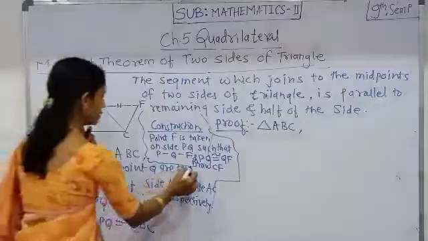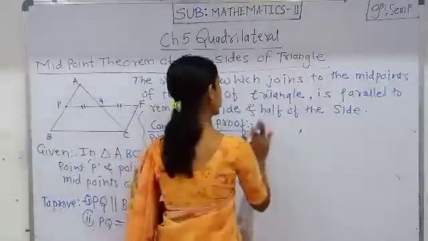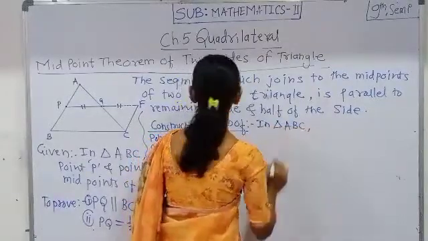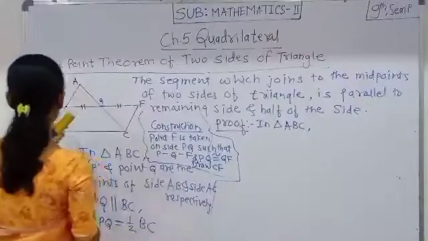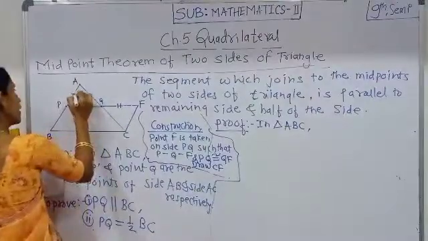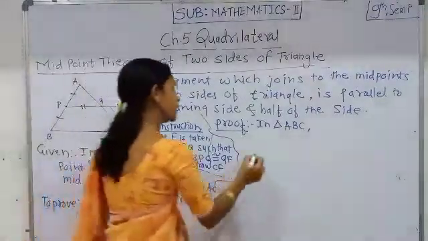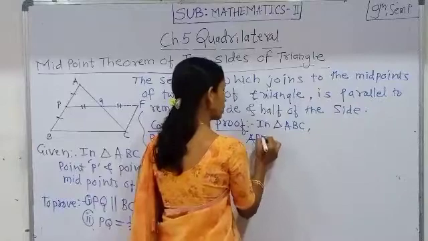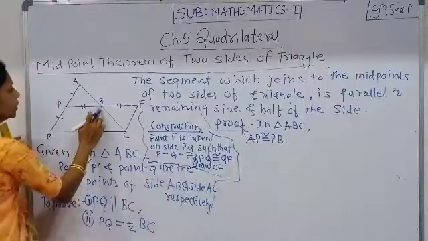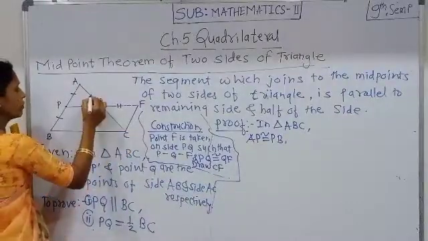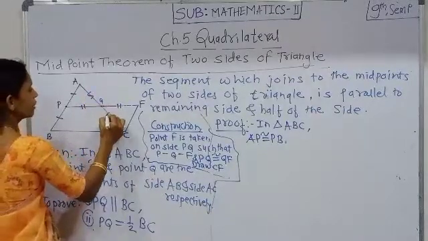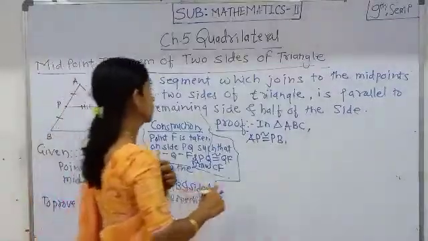Now in the proof, in triangle ABC, P is the midpoint of AB, therefore AP congruent PB, as well as Q is the midpoint of AC, therefore AQ congruent QC.